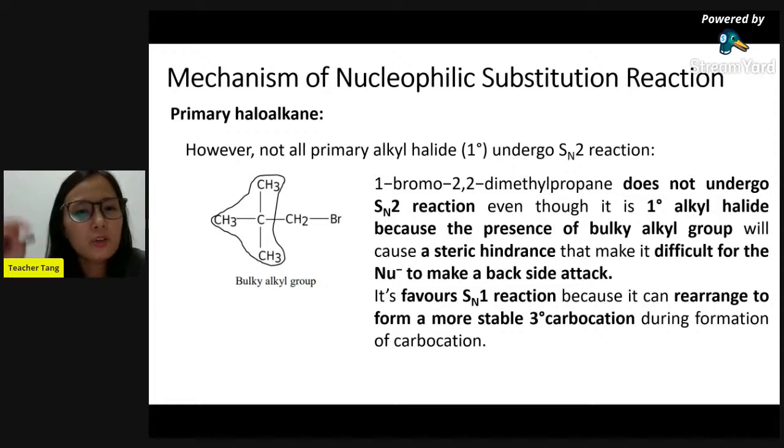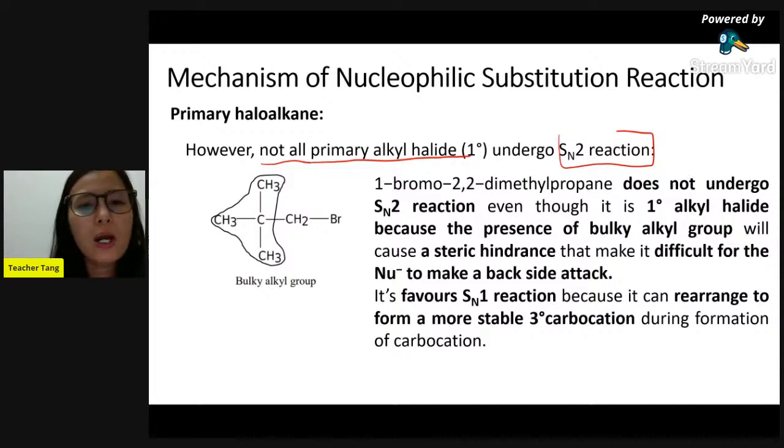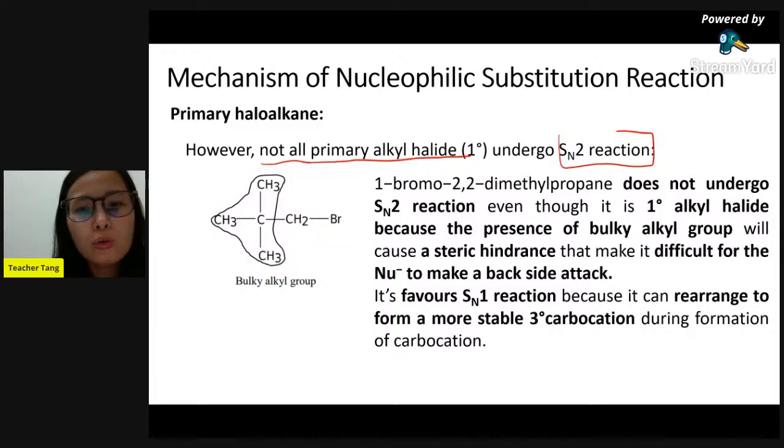You must be careful, for primary haloalkane, not all the time it undergoes SN2. For example, this compound here is 1-bromo-2,2-dimethylpropane. It does not undergo SN2. Why does it not undergo SN2?